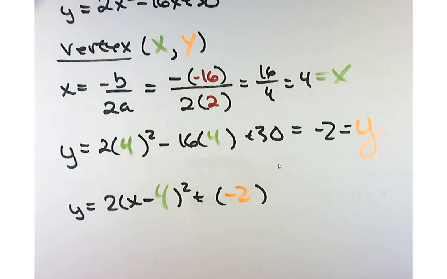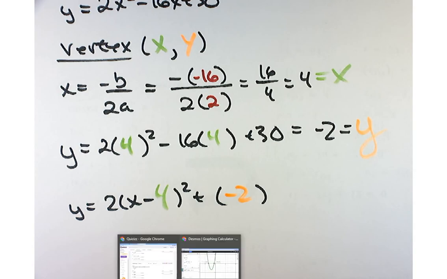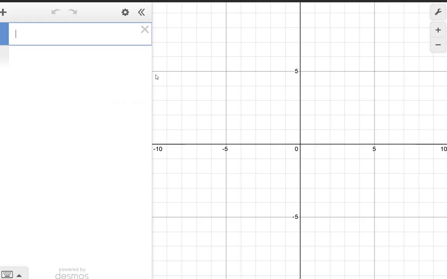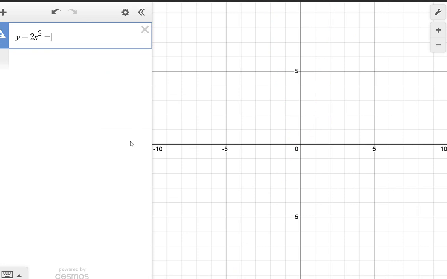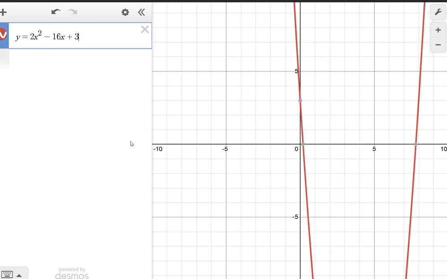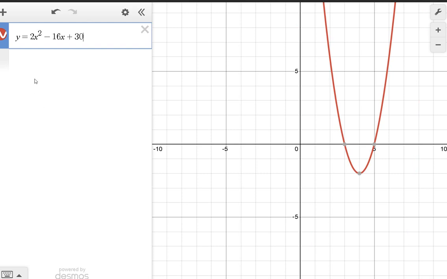By the way, just a quick mention here: you can double check things by graphing it. You can check that you put it in the right form, 2x squared minus 16x plus 30. There's one graph.